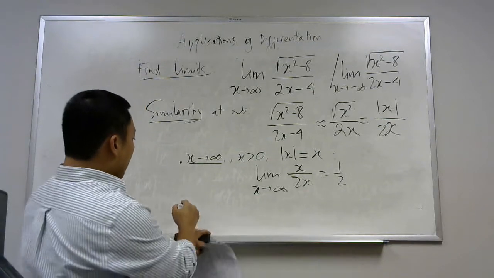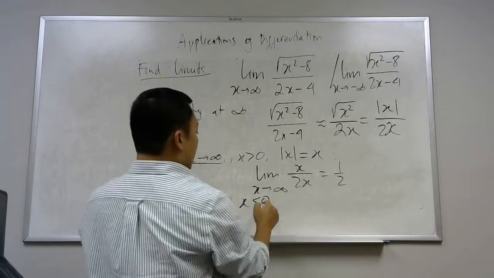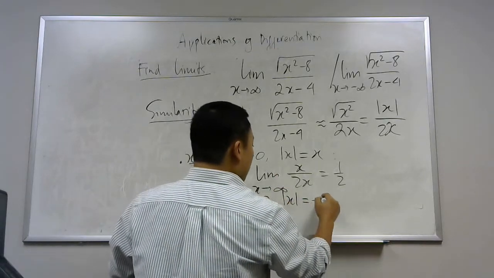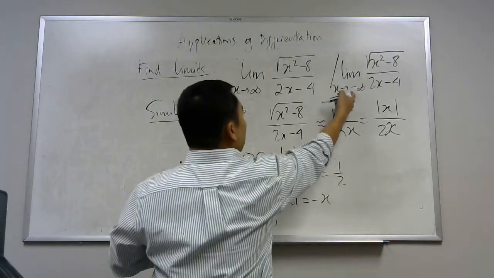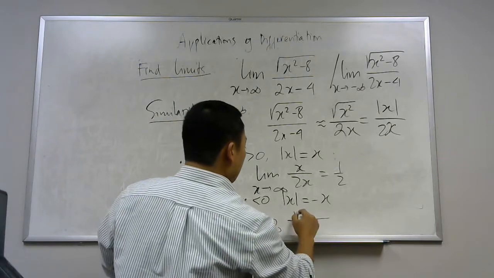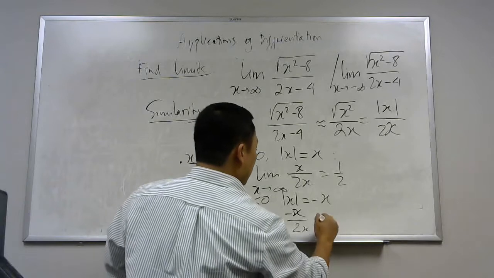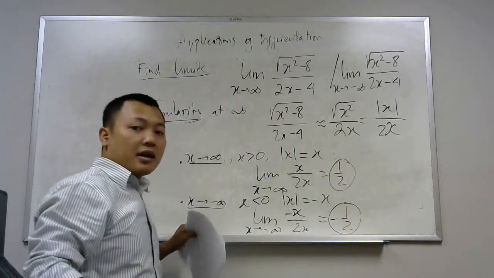But when x goes to negative infinity, x is less than 0, so the absolute value of x is equal to negative x. In that case, the second limit is negative x over 2x, which is negative 1 over 2. You see, they are different in sign.